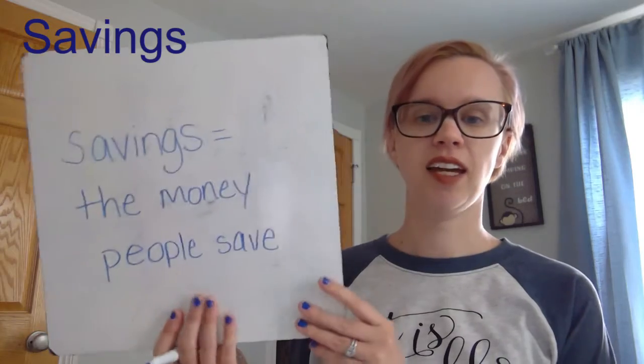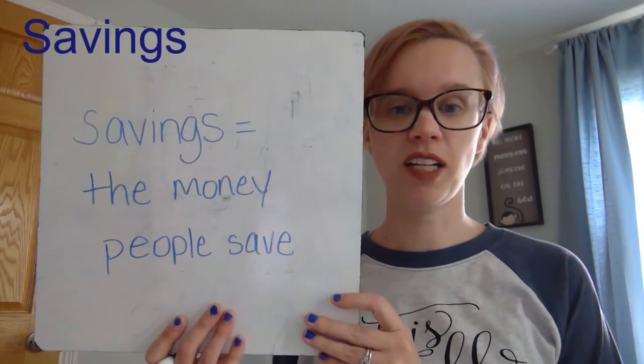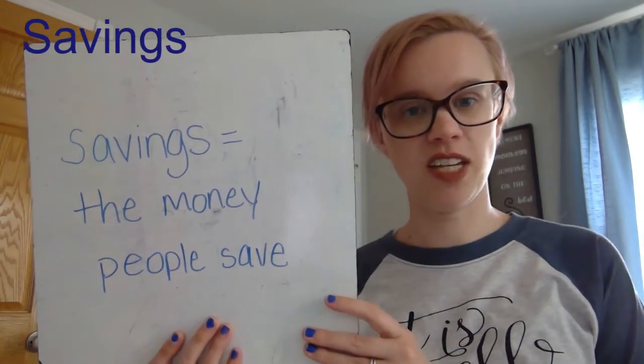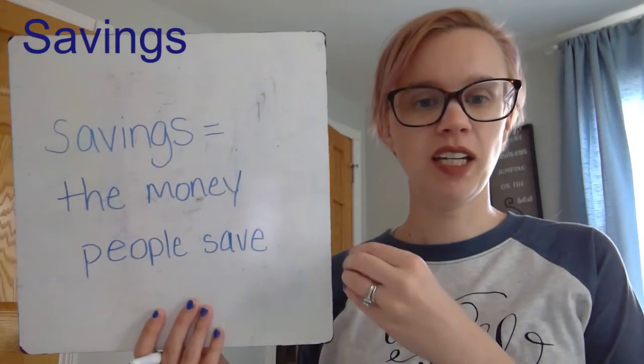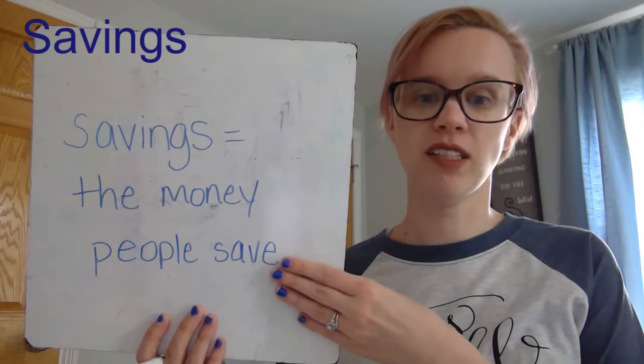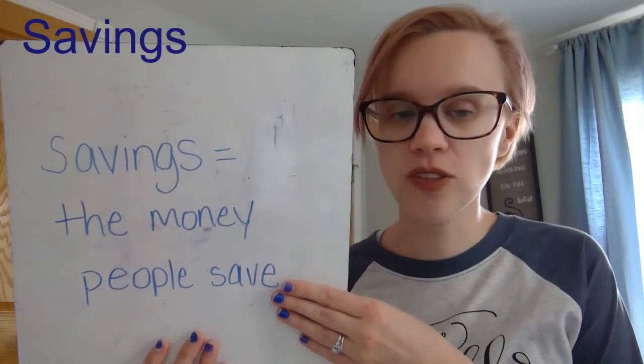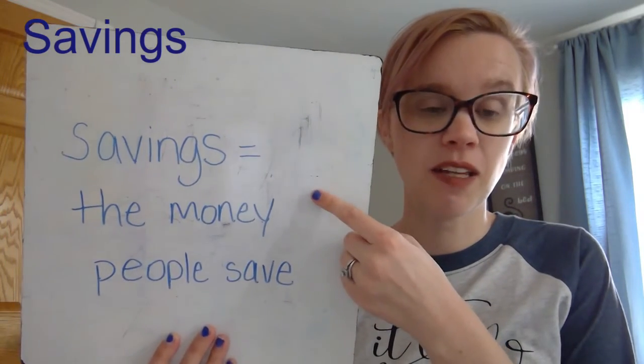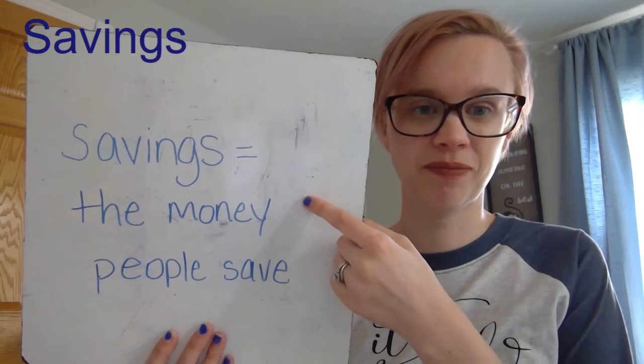Okay, and I came up with the money people save is called savings. So when you make money and you get it in from your job, you might have to spend some of it, and then the rest that you're trying to set aside and not use for regular expenses are called your savings.